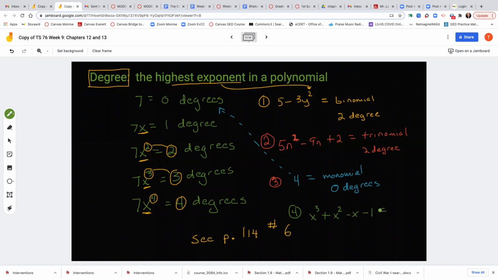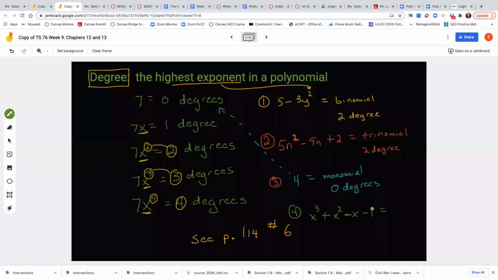What type of polynomial is that? Count terms, things separated by plus or minus here. I've got 1, 2, 3, 4 terms.